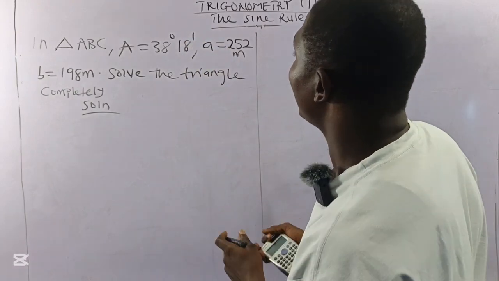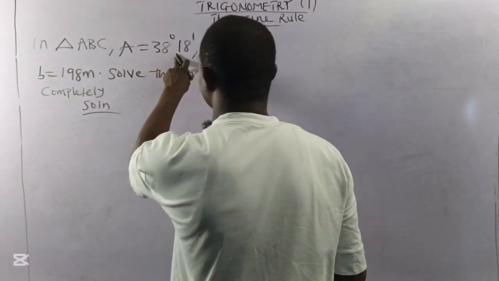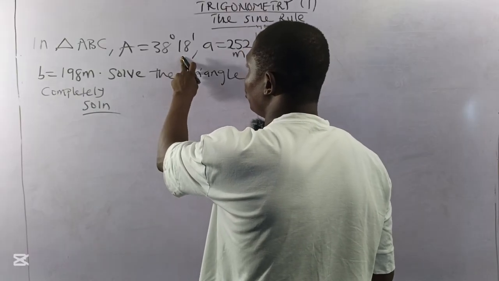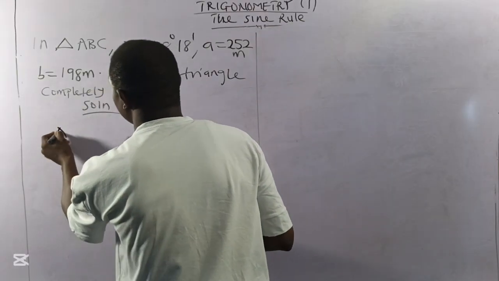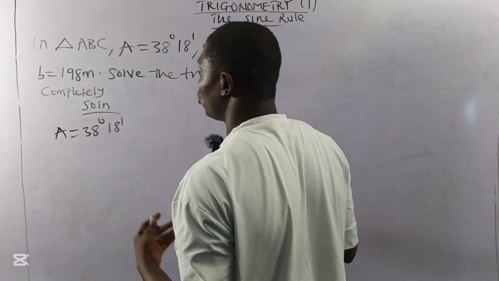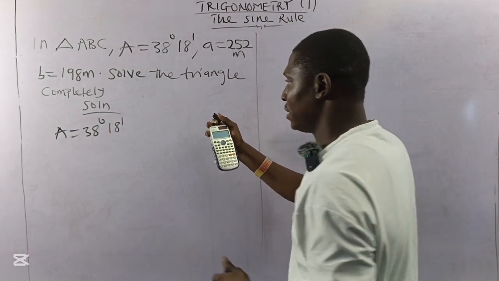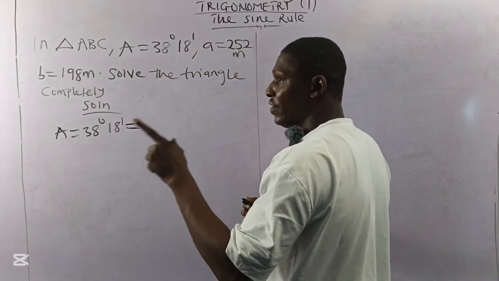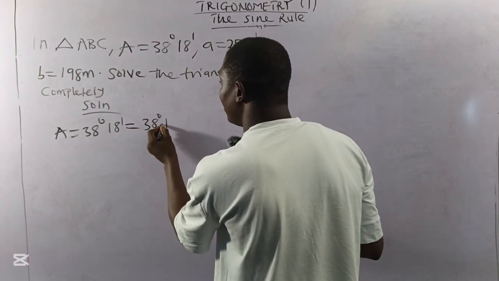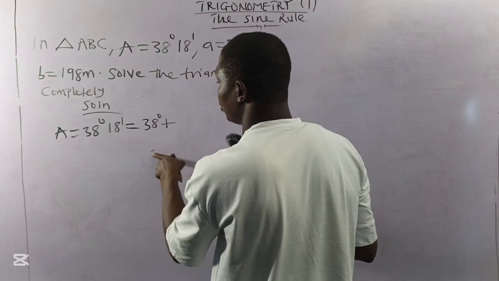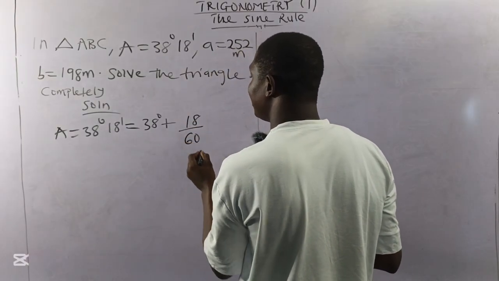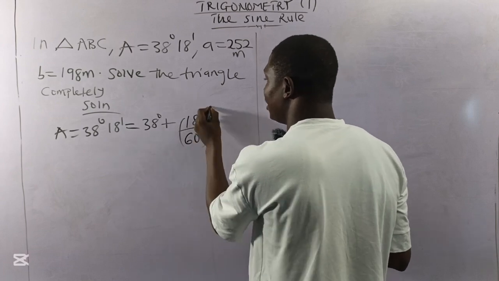So now let's solve it, and you can decide to convert your value from degree minutes to just degrees. If A is equal to 38 degrees, 18 minutes, and let's assume you don't have a calculator of this kind, you can simply say 38 degrees plus, converting this to degrees as well, 18 over 60, minutes to degrees.